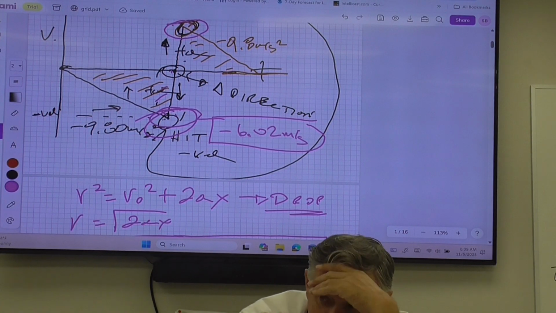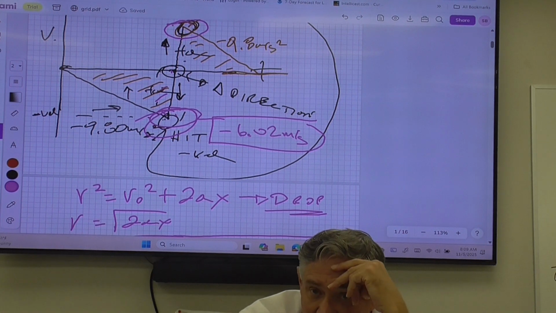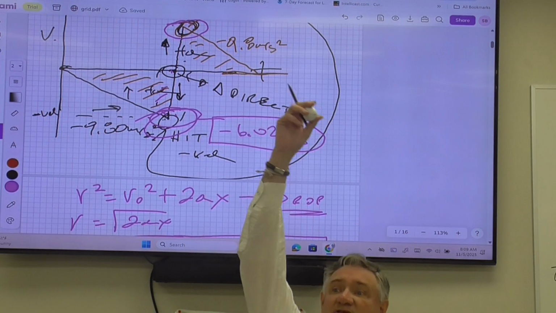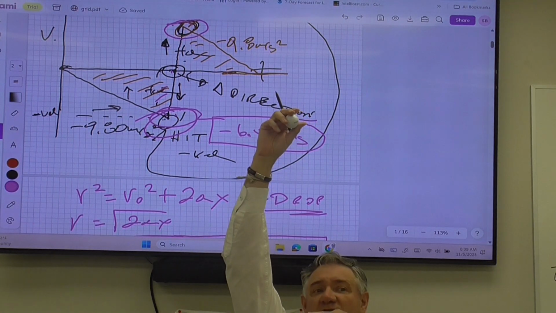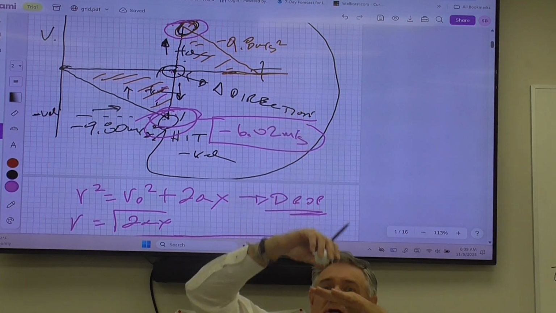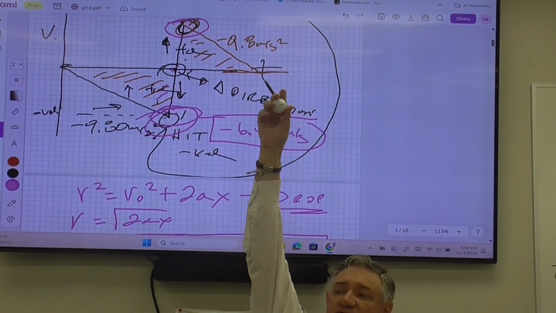What's the only thing you don't know? Time. Initial velocity or final velocity? Initial. You know what the final velocity is. What's the final velocity on the way up? 0. You're trying to figure out how fast it has to go to end up at a height of 1 meter.